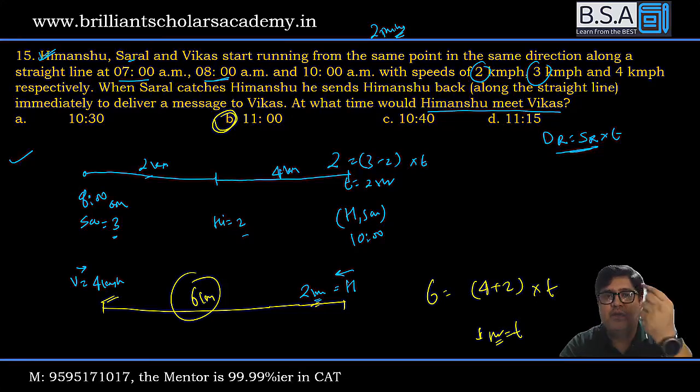That was the question. You first find out पहला meeting कब हुआ, Himanshu and Saral. How far is that? That will give you the time value. That will give you distance value also. Then you apply the common sense and find out when will the other two meet? Opposite direction speeds are added.